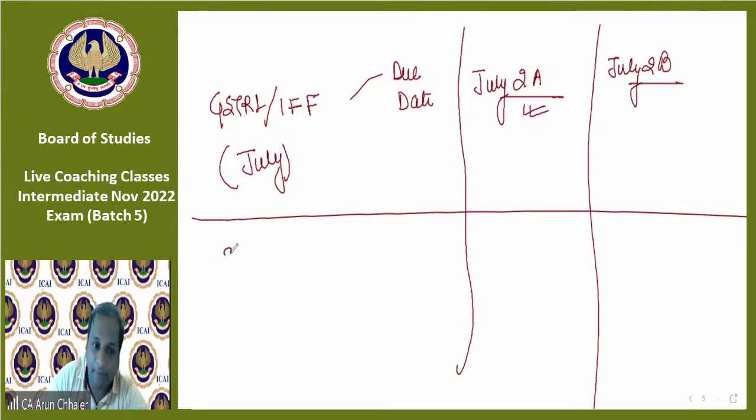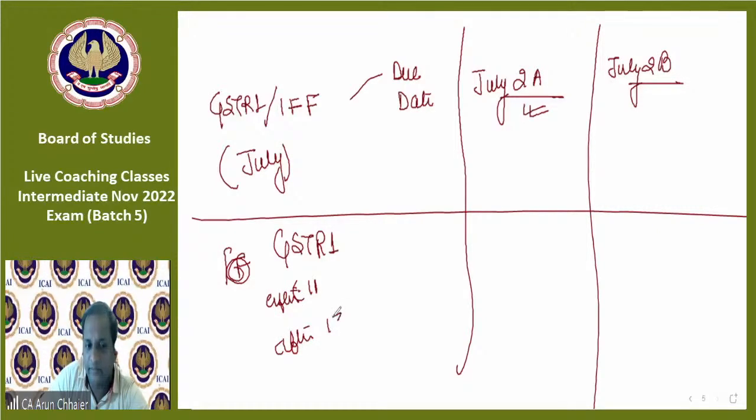Now suppose the supplier is filing GSTR1, because IFF cannot be furnished after the due date, after the due date. Say, let's say after 11th, or after 13th in case of quarterly.